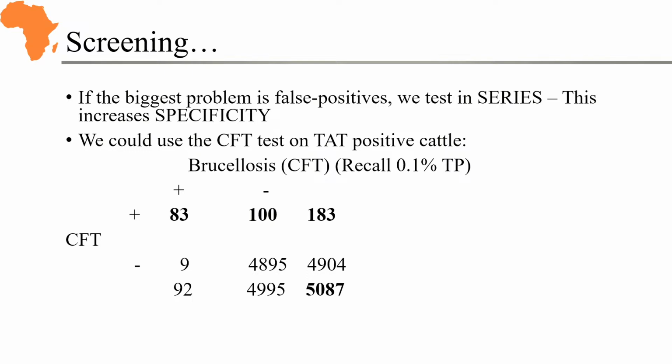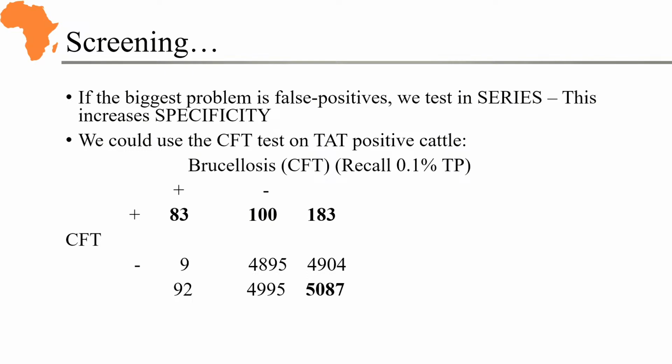We could use a CFT where now, remember, our total population that we are subjecting to the second test is those who tested positive. So the total is 5,087. So then, when we do the test, remember, kumbuka, we are using a second test. So, CFT. The first test was TAT.